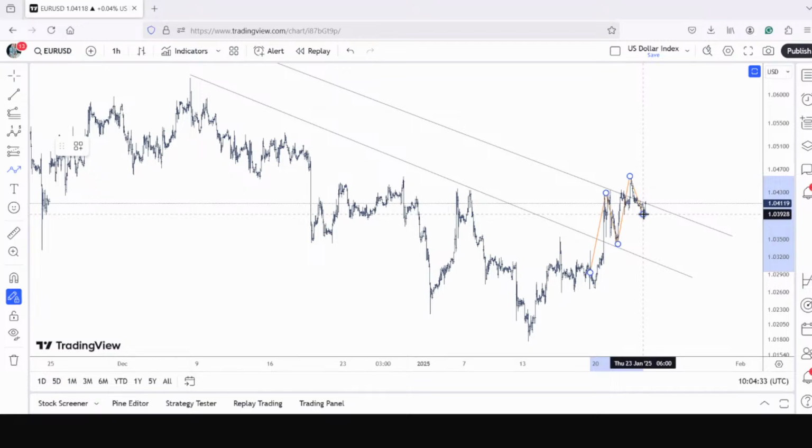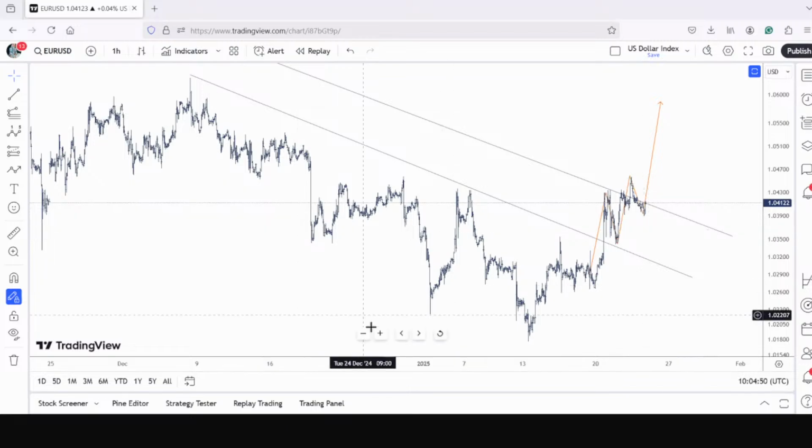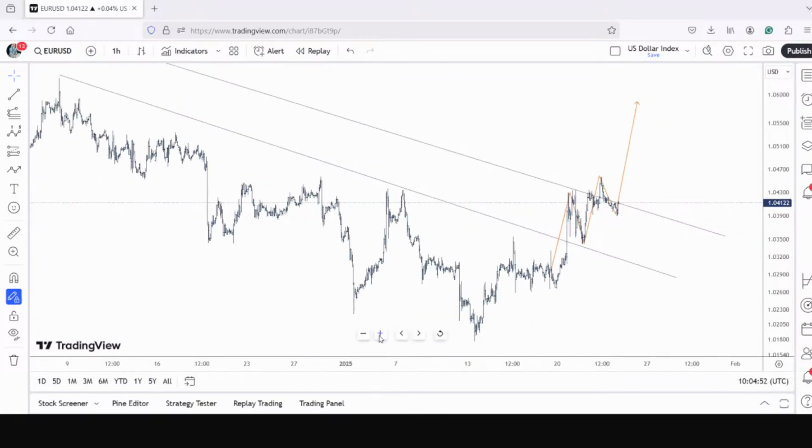So the chances are it can probably thrust from here itself, and the alternate count is that it can come and backtest the trend line again. But this is what happens when we are with the trend line, absolutely without missing a wave.